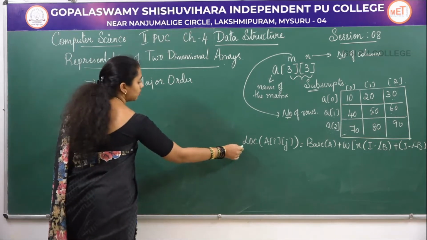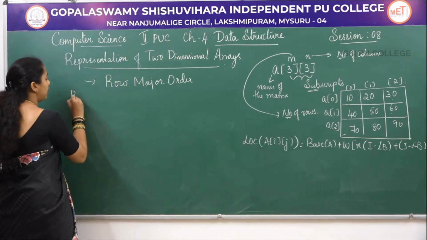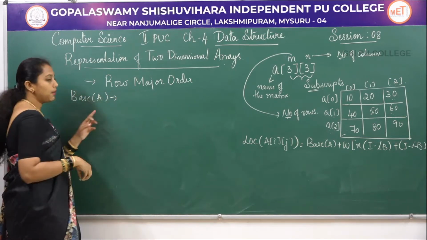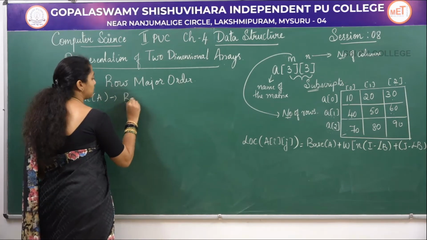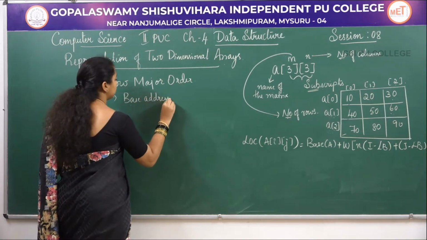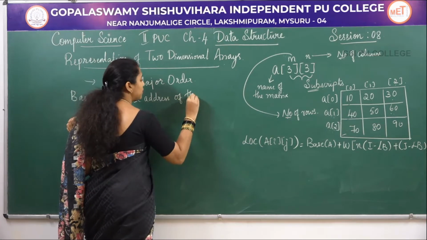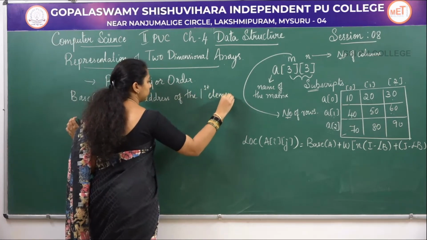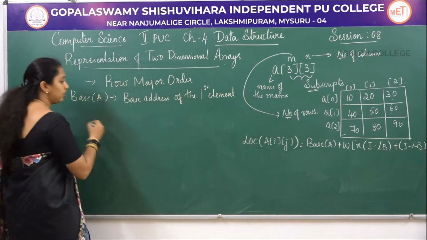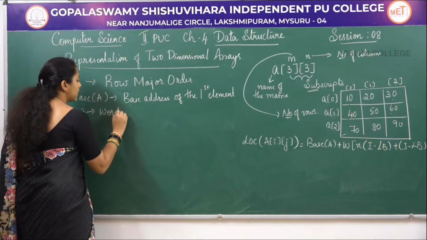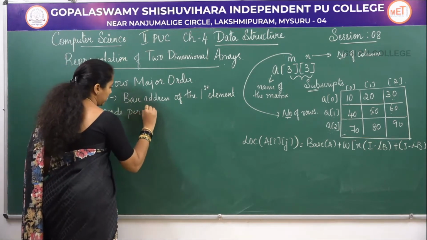So, now let's write what is base of A represent. Base of A is nothing but the base address of the first element. W represents words per memory location.